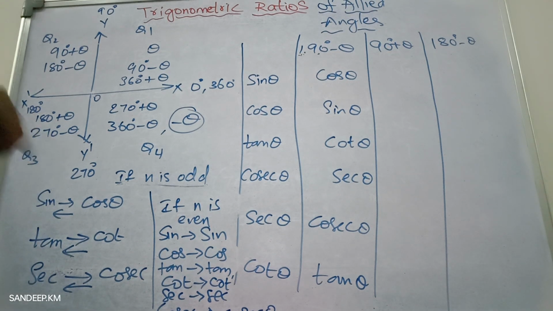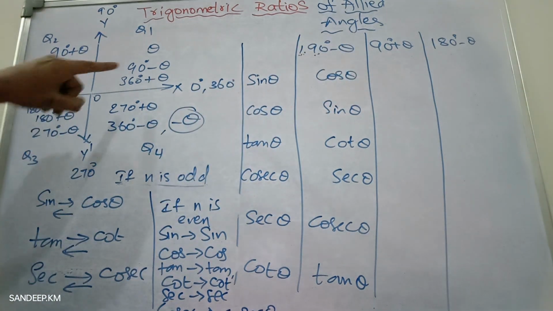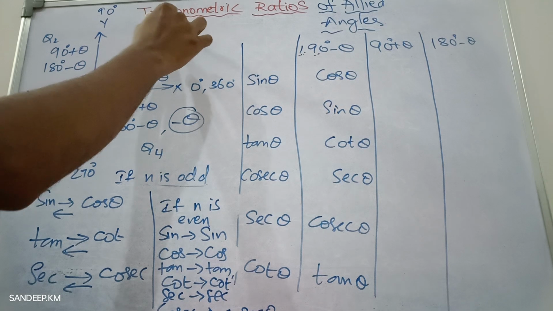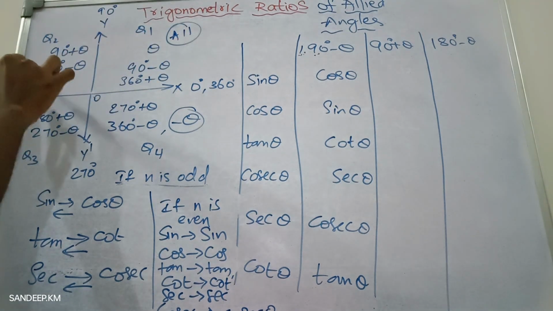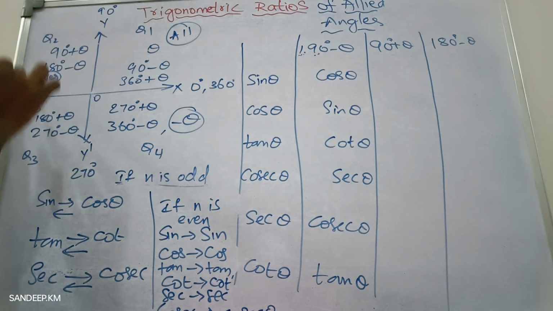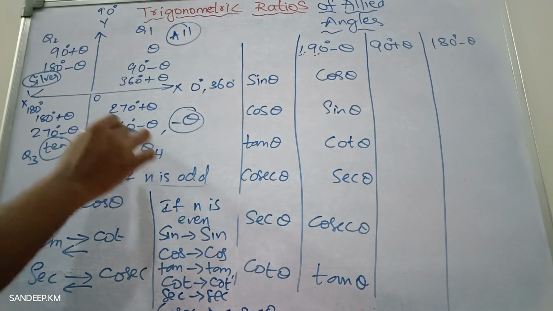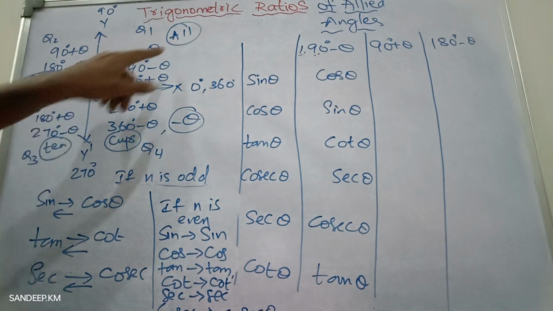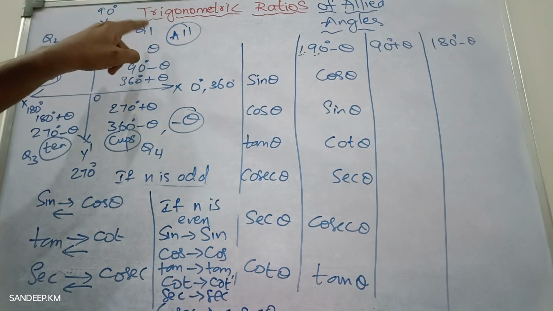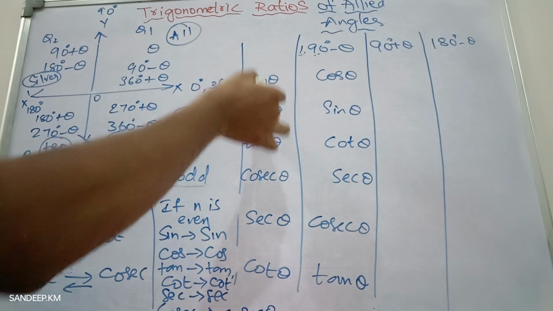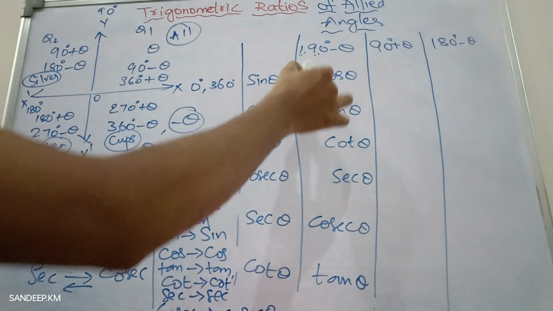Moreover, 90 minus theta is a first quadrant angle. In the first quadrant, according to All Silver Tea Cups, all trigonometric ratios are positive.